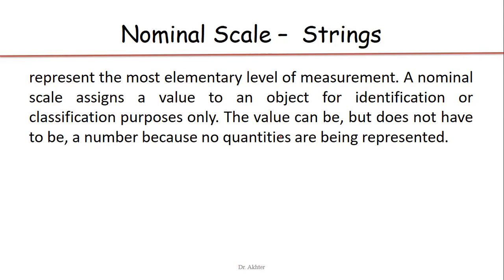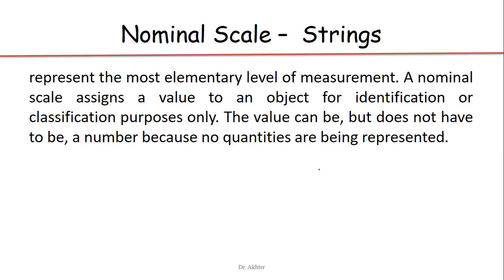The nominal scales are just labels to identify things. Your ERP number is nominal, your car number is nominal, your address is nominal, your names are nominal, your gender is nominal. Some of the nominals are categorical, but some are not. The categoricals are in categories, but others are called strings, like names.